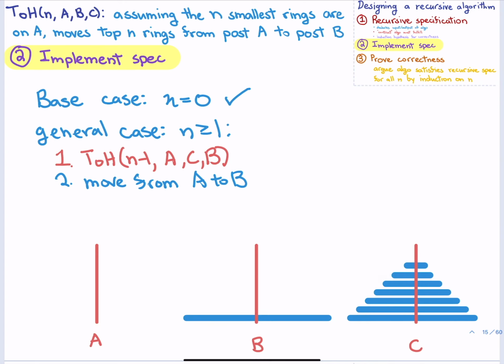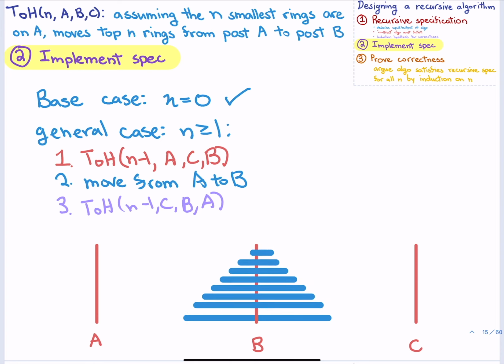And then recursively call it to move n minus 1 rings from C to B using A. All right, n minus 1 from C to B with A as the spare post. Okay, and that's how we solve it.